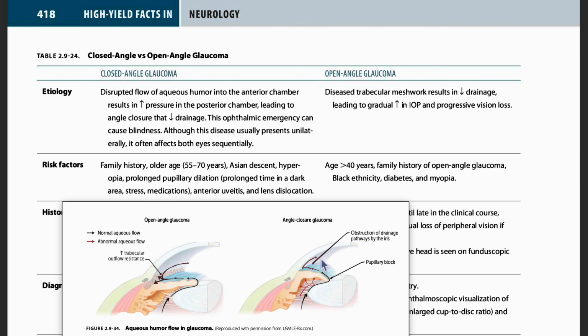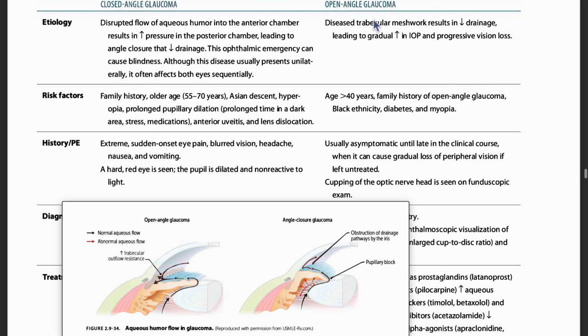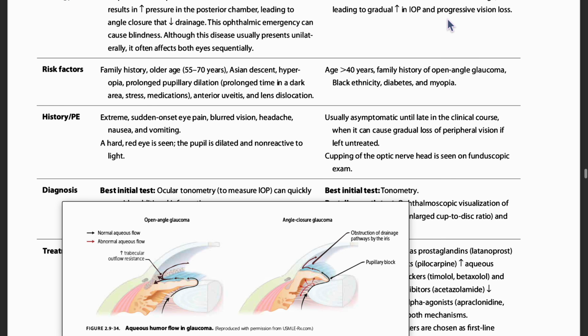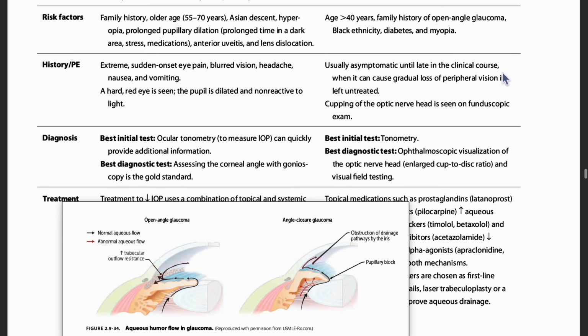Open angle glaucoma. Diseased trabecular meshwork results in decreased drainage, leading to gradual increase in IOP and progressive vision loss. Risk factors: age more than 40 years, family history of open angle glaucoma, black ethnicity, diabetes, and myopia.